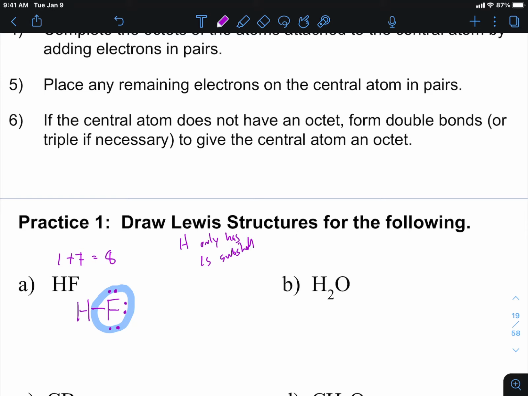Right? Remember, a subshell of s is 2 electrons. So hydrogen is exempt from the octet rule. You don't have to worry about making sure it has 8 because it can't have 8. It can only have 2 electrons.